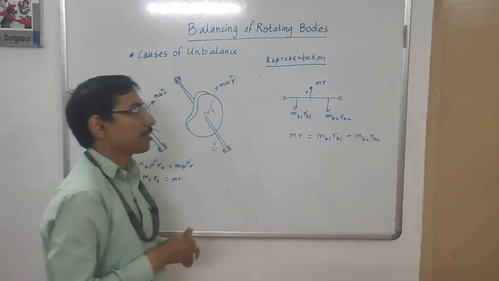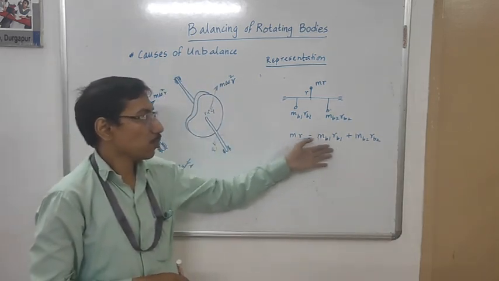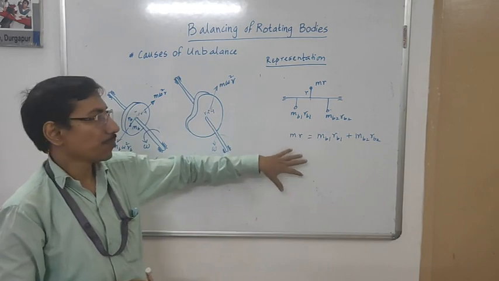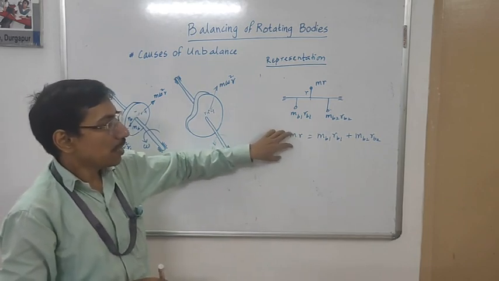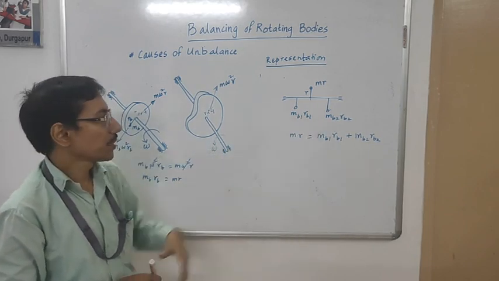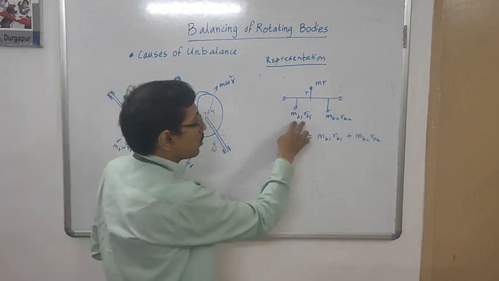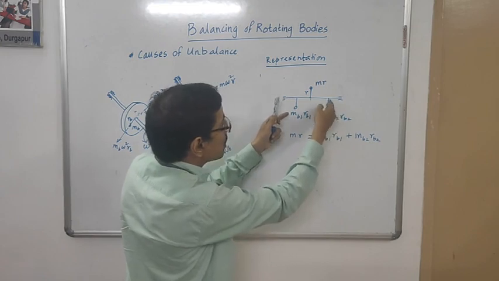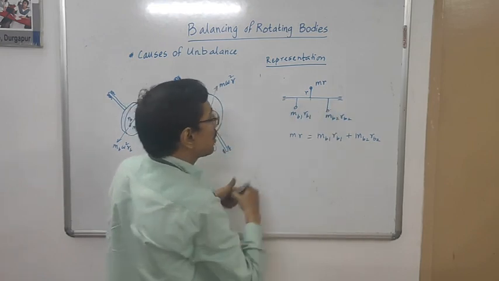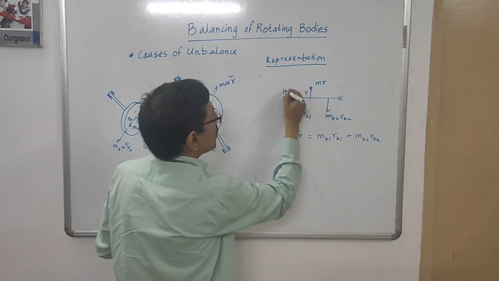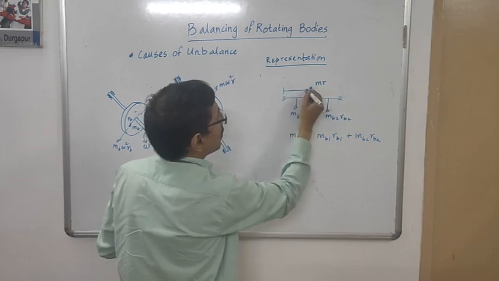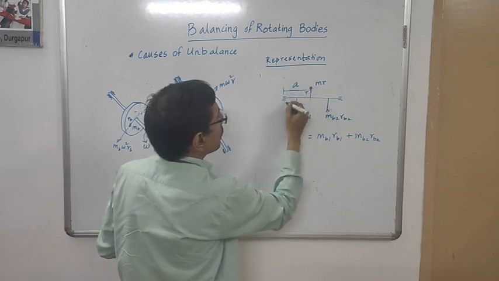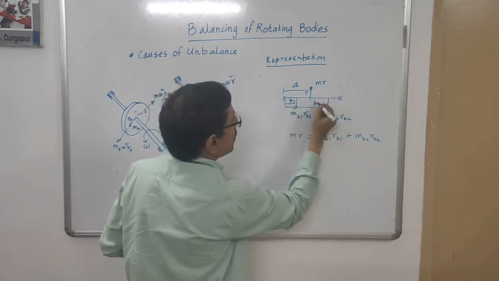Since omega square gets cancelled from this expression, we are not writing that omega square every time. We are expressing with the help of proportional forces only. But since we put the balance masses onto different planes, they could constitute a couple. So moment will be there. So suppose with respect to one end, the distance of this force is A, distance of this force is B1, distance of this force is B2.